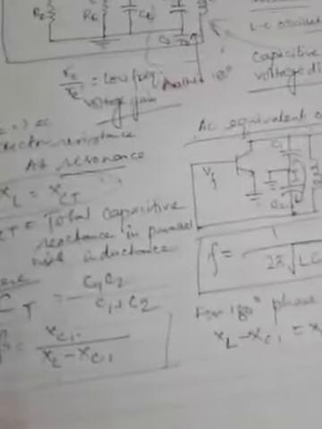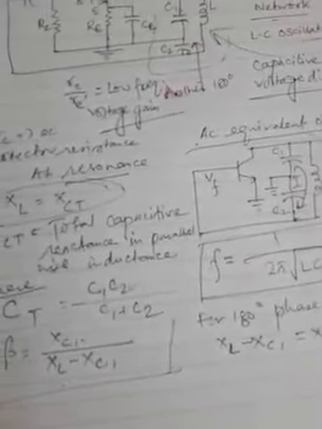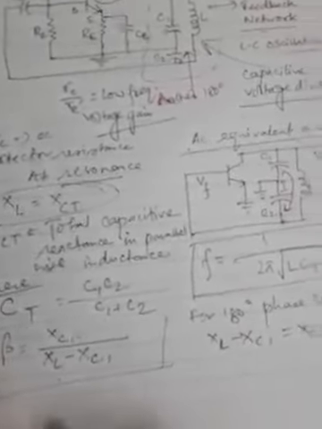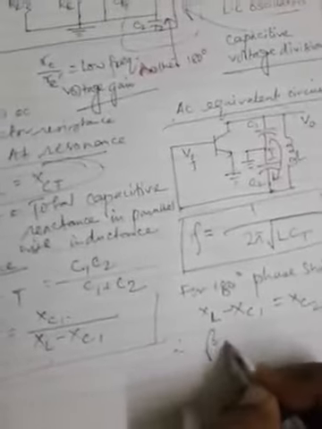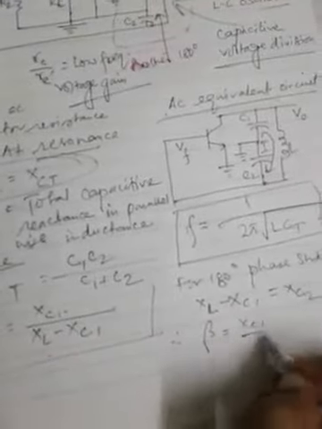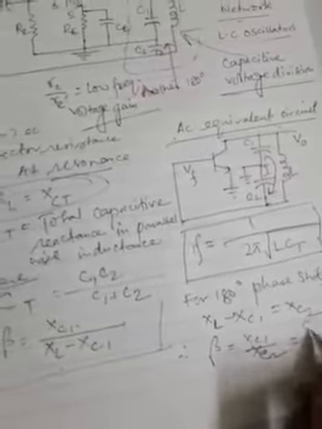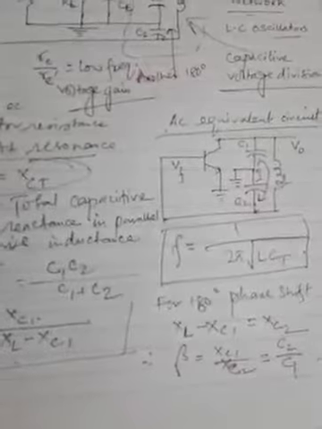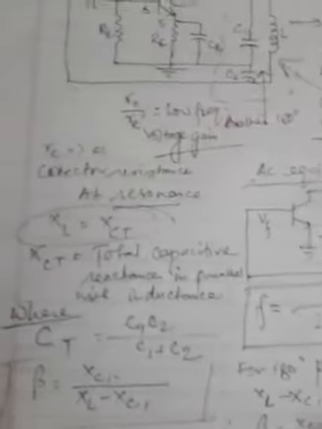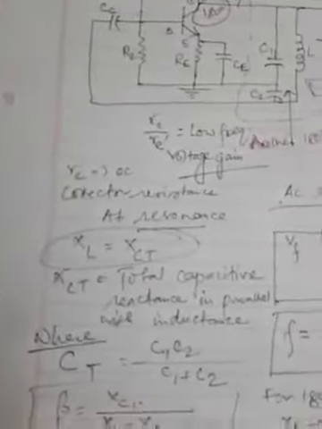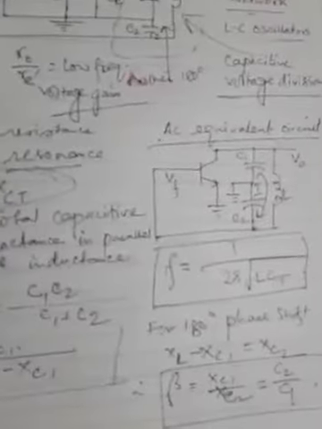Therefore beta is equal to XC1 divided by XC2, and that is proportionately C2 by C1, because the reactance is inversely proportional to capacitive value C. So this is another relation between the capacitive reactance and beta to be used in case of Colpitts oscillator.